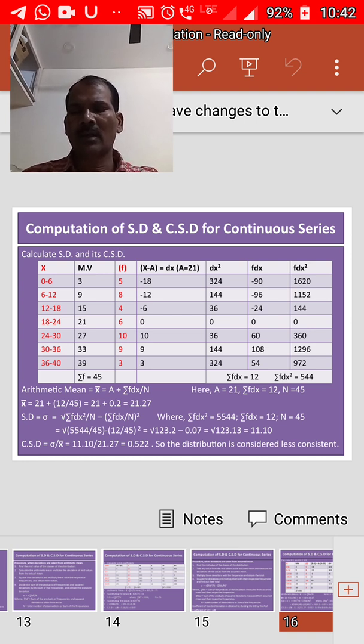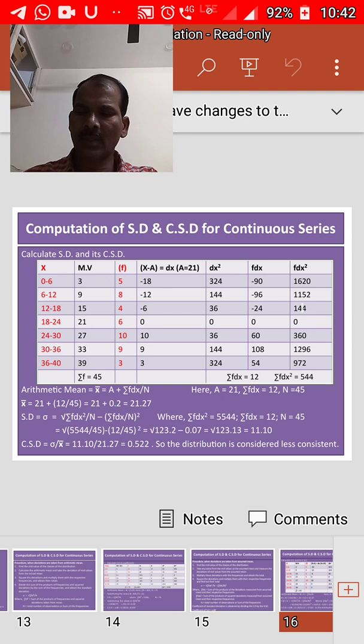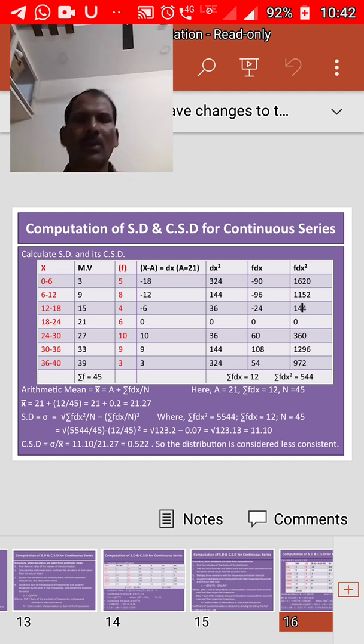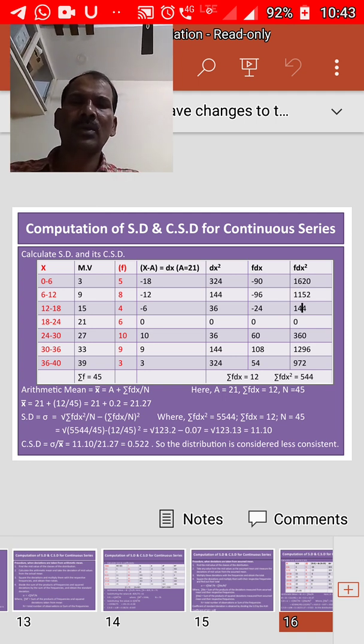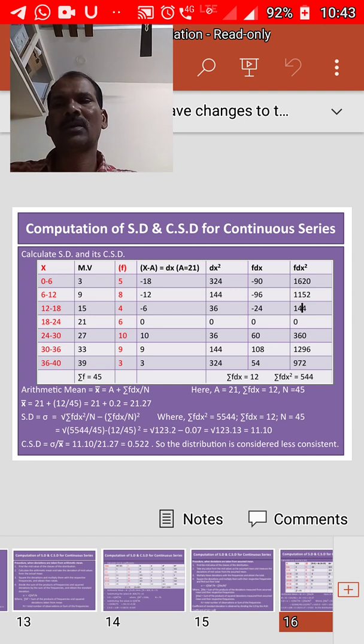Now substitute the values in the formula, that is standard deviation, small sigma, is equal to under root of sigma f dx square by n minus sigma f dx by n whole square, where sigma f dx square is equal to 5544, sigma f dx is equal to 12, and n is equal to 45.